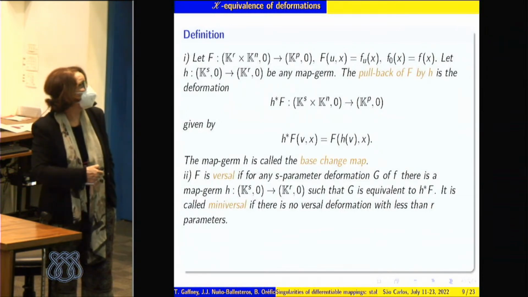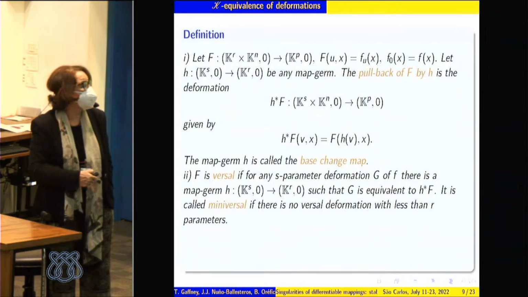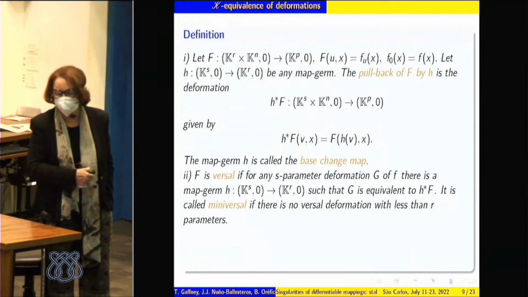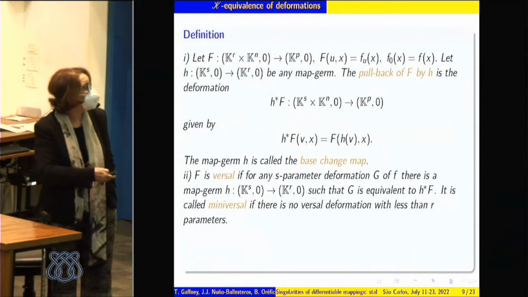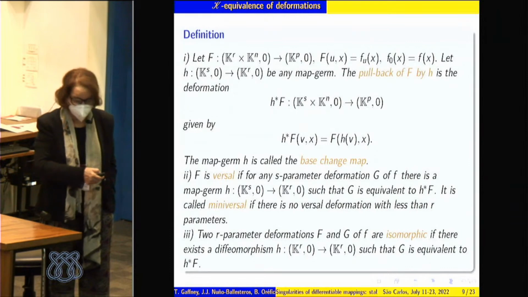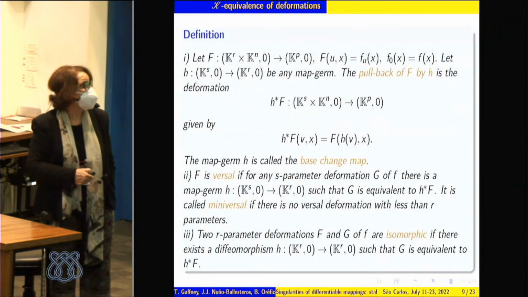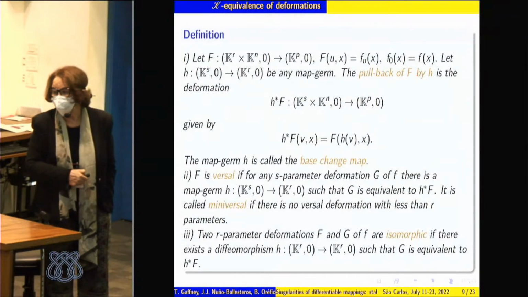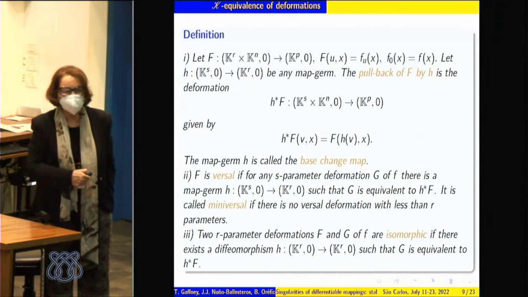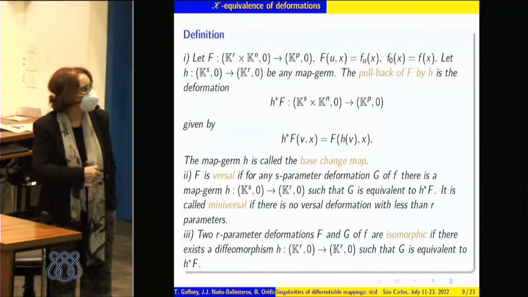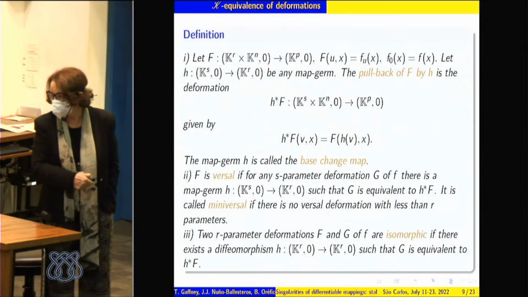We also say that it is miniversal if there is no versal deformation with fewer than r parameters. So it is the minimum number of parameters for a versal unfolding. And of course, we can give the definition of isomorphism between versal deformations when my base change is a diffeomorphism, so between the same space, right?